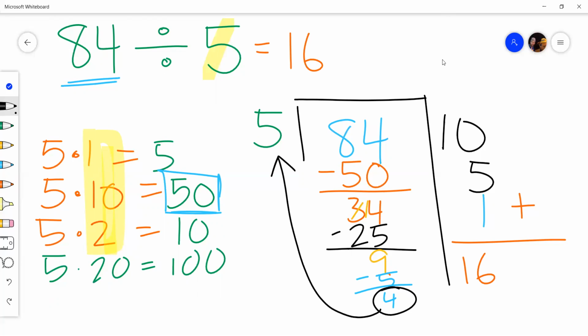So now that I have a remainder of 4, what we're really looking at is I have a remainder of 4, but I'm making groups of 5. So I actually have 4 out of 5 left over.